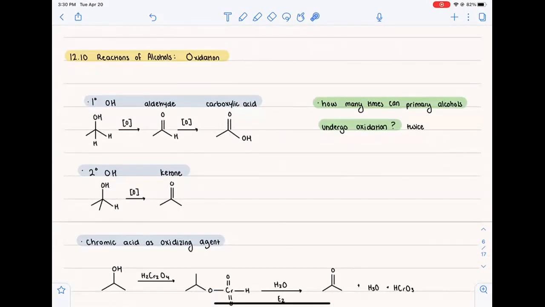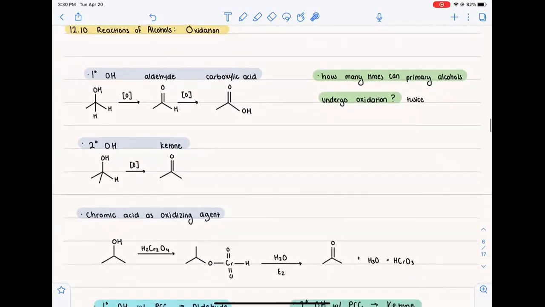I don't make them. Over here, we have reactions of alcohols, and now we're going over oxidation, which is when we have more bonds to oxygen, fewer bonds to hydrogen. How many times can a primary alcohol undergo oxidation? Twice, and we can see that here.